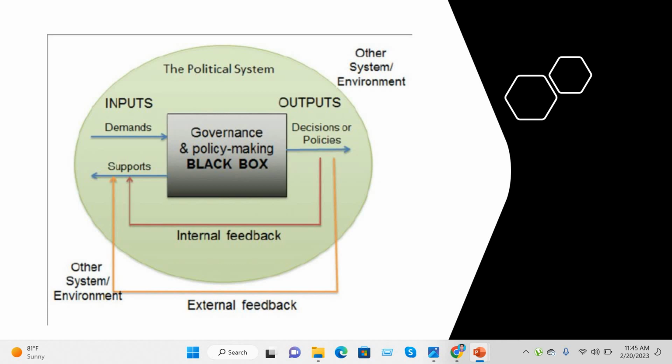Both feed support into the input of the black box. Then policy governance and policy making produce output, feedback, support, input, etc. Feedback is mainly affected by the environment sector.